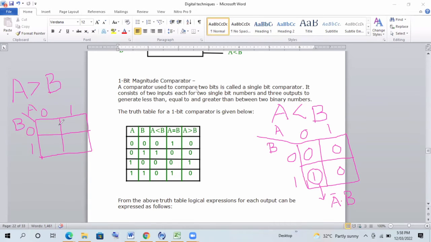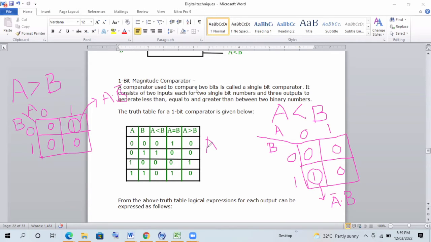So for A is 0, B is 0, output is 0. For A is 0, B is 1, output is 0. A is 1 and B is 0, output is 1. And both the inputs are 1, output is 0. So we can encircle this one. And the expression for this is A dot B bar. Because here A is 1 and B is 0. For 1 we can write down A and for 0 we can write down B bar.